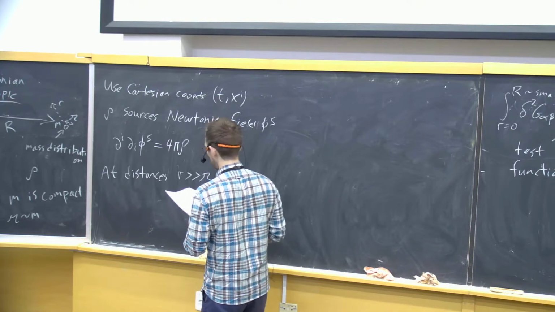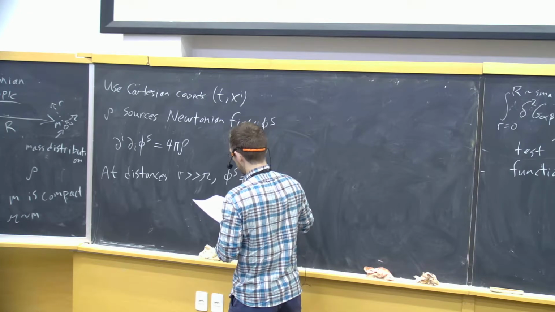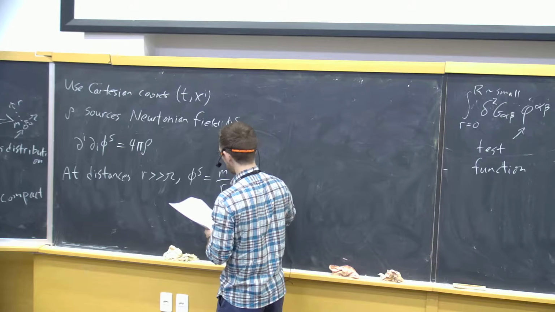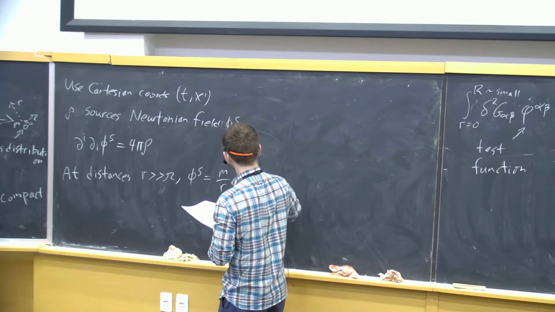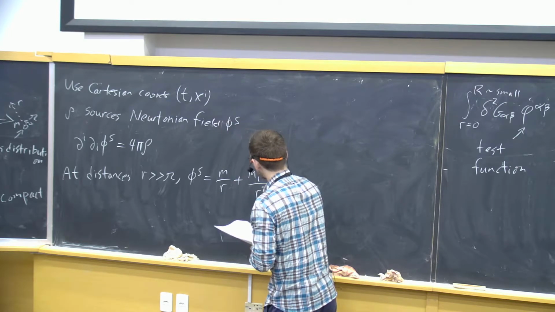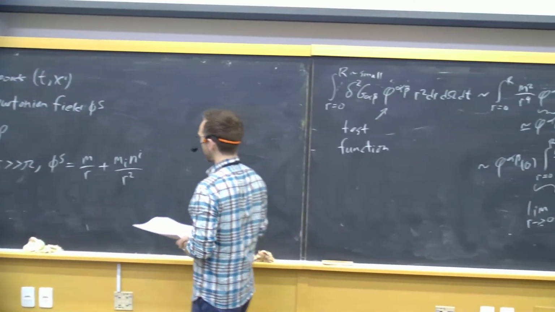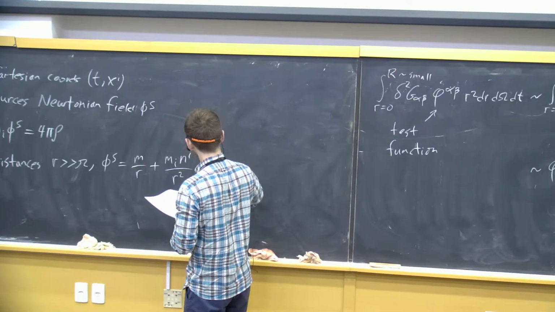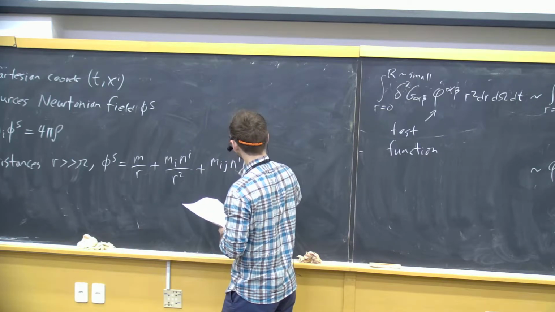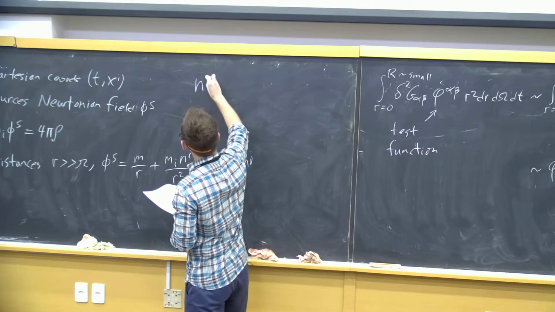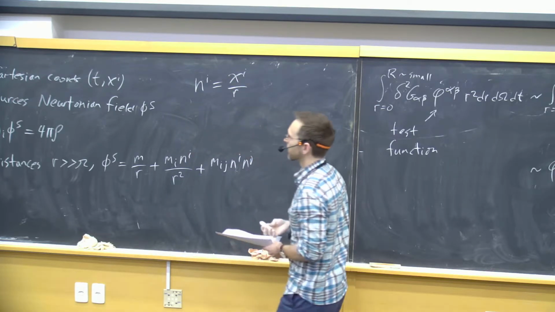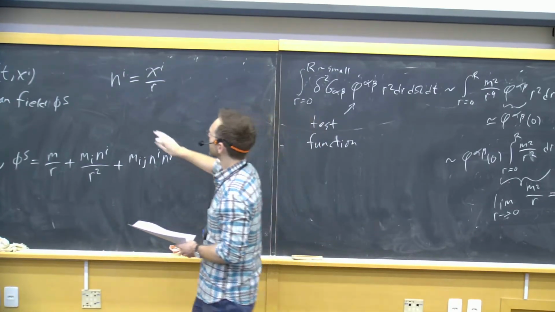Phi_S is given by the mass over the distance from the particle, or from the mass distribution, plus a mass dipole moment term, plus a mass quadrupole moment term, where here N^i is a radial unit vector pointing away from the small object.